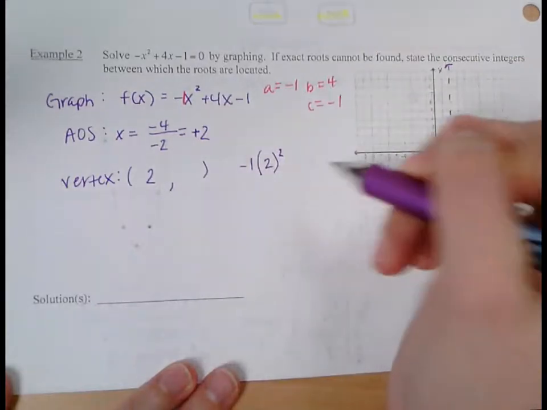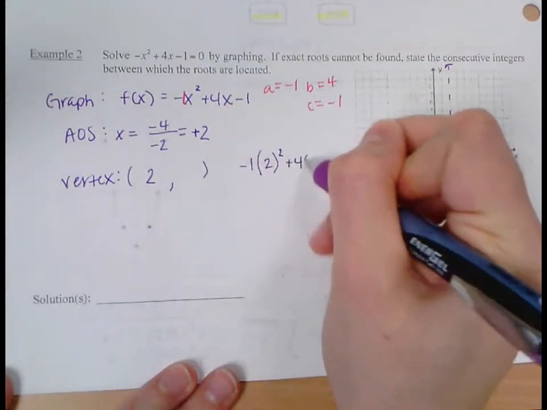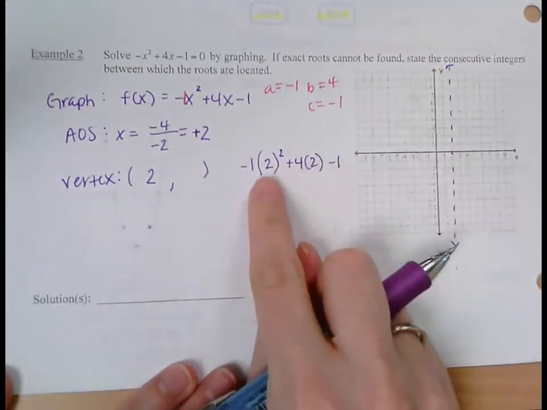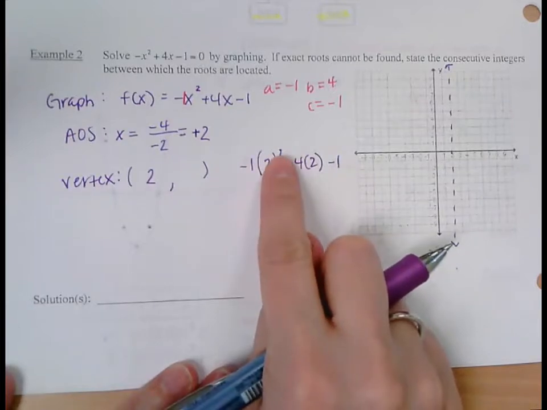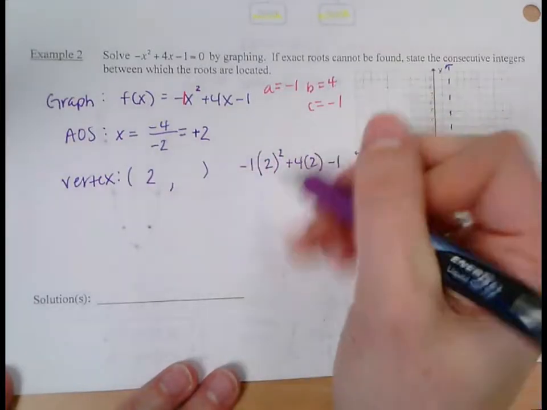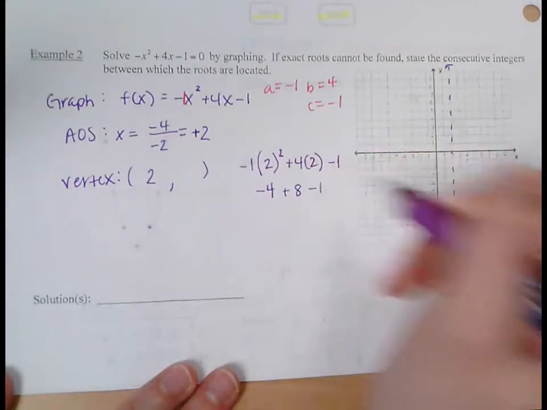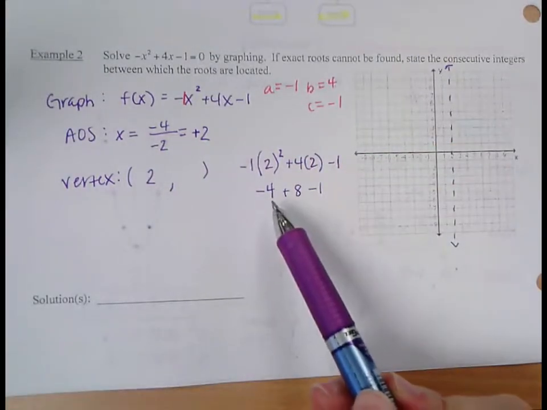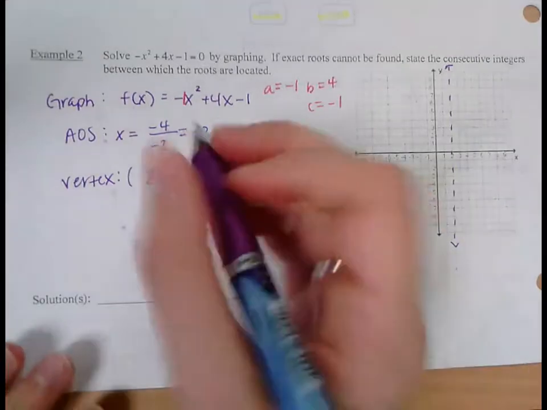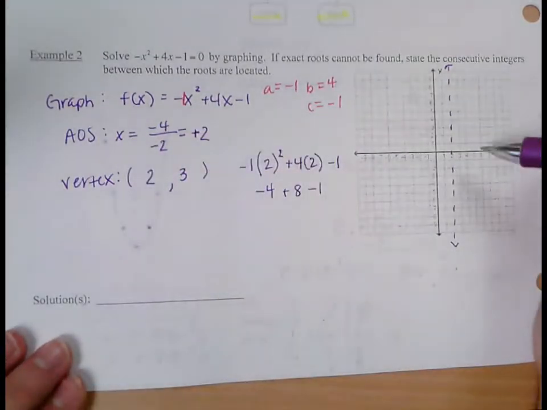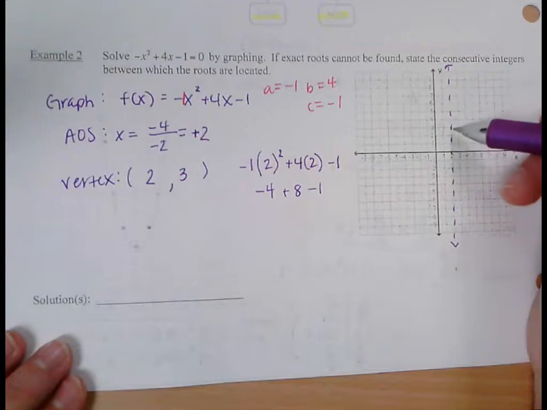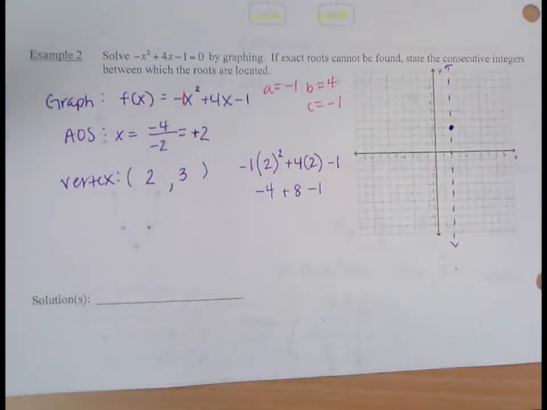It's exponents and then multiplication, and then plus 4 times 2 minus 1. So I would do 2 squared first, which is 4, and then multiply by -1. So that is -4 plus 8 minus 1. And that would be 4 minus 1, which is 3. So 2, 3 is the vertex.